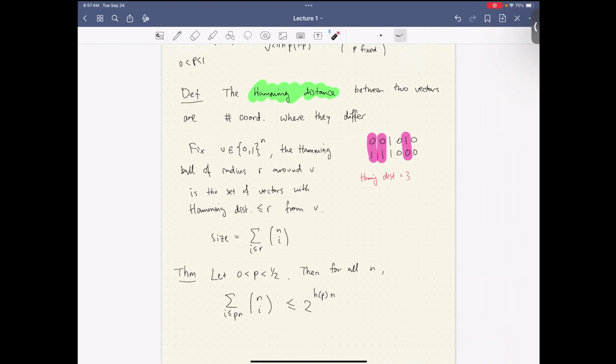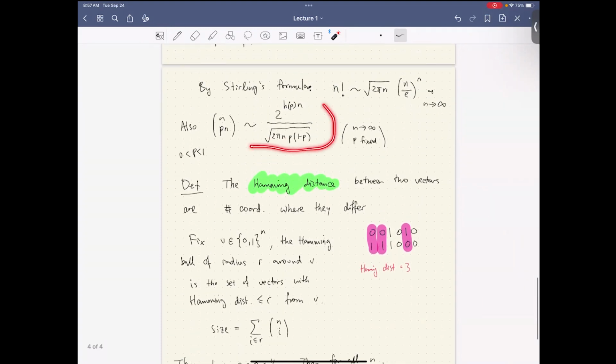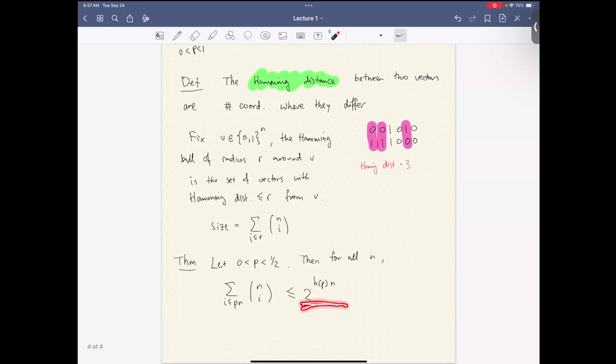This upper bound is fairly tight. If we don't consider the whole sum and just consider the very last term, which is n choose pn, this sum is at least n choose pn. As I said, this is the leading term, exponential in n, whereas the other is polynomial in n, a lower order term. So we can almost determine at least the main term of the size of this Hamming ball.